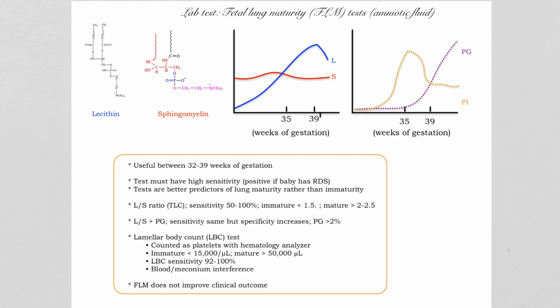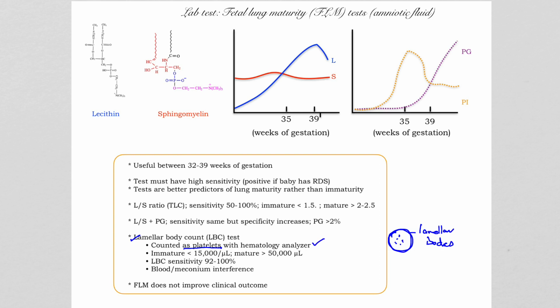A newer test is the lamellar body count, LBC. Basically, these phospholipids, these surfactants produced by type 2 pneumocytes, are produced in lamellar bodies. These lamellar bodies are the size of platelets, so they're basically counted as platelets in a hematology analyzer.